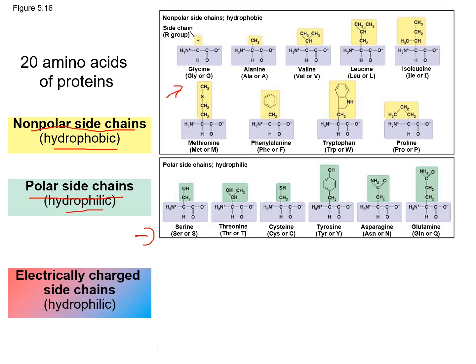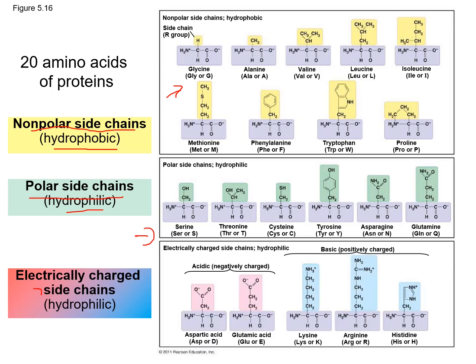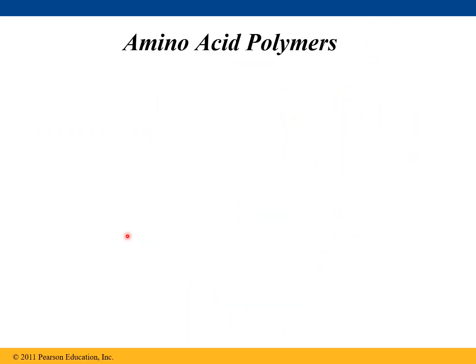And in other cases, they can also be electrically charged in their side chain, like these ones. These two act like an acidic, negatively charged molecule, while this one will be basic, positively charged.